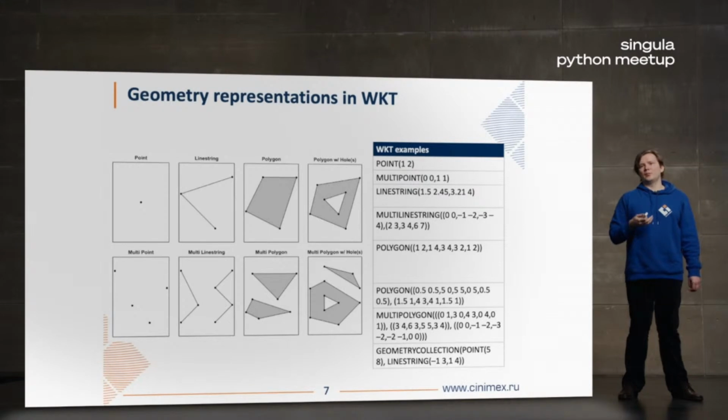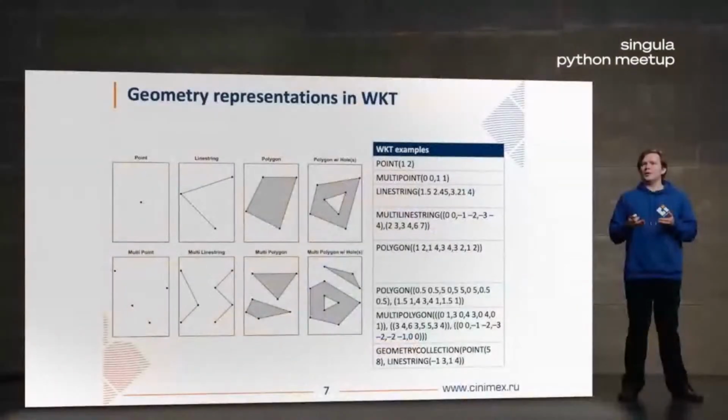For example, we can describe points, line strings, polygons, and different types of combined geometries, for example multi-points, multi-line strings, multi-polygons, and geometry collections. The main rule is to keep such data in a way that you can collect similar data in the same table, for example points with points and polygons with polygons.